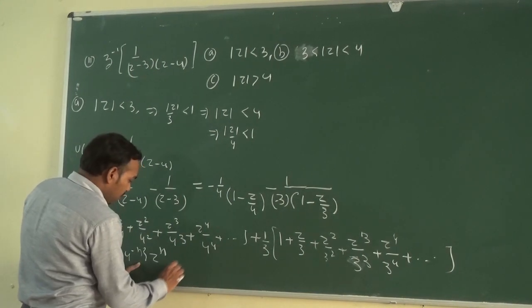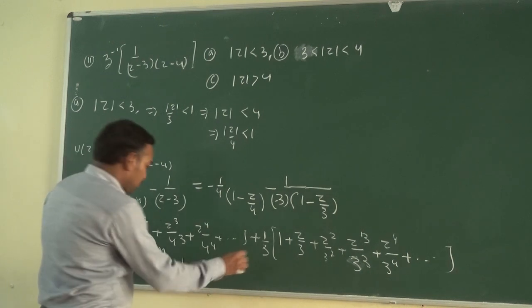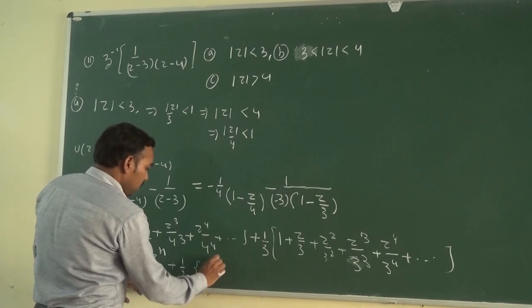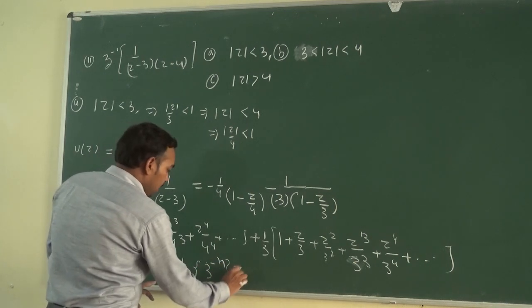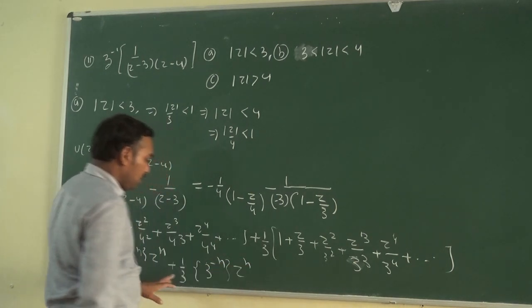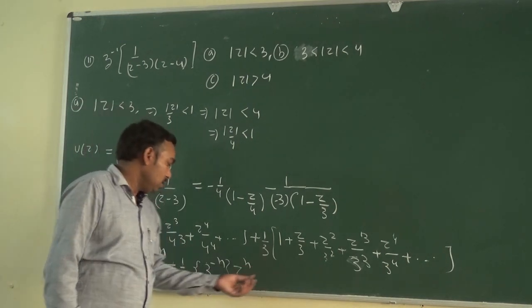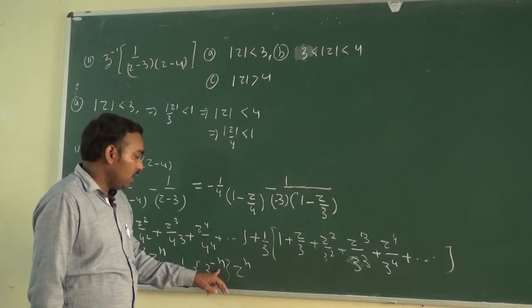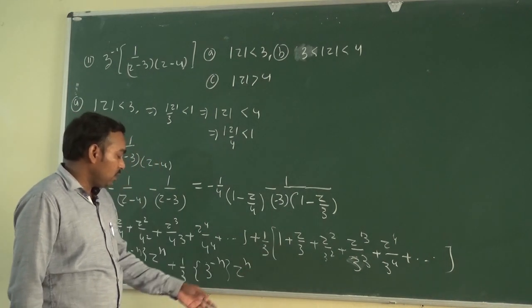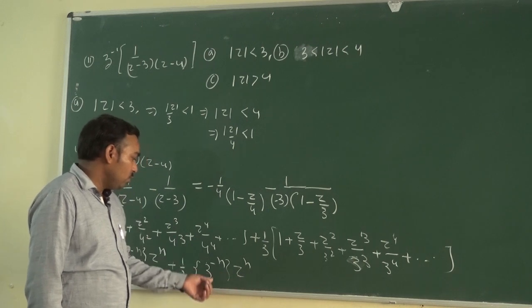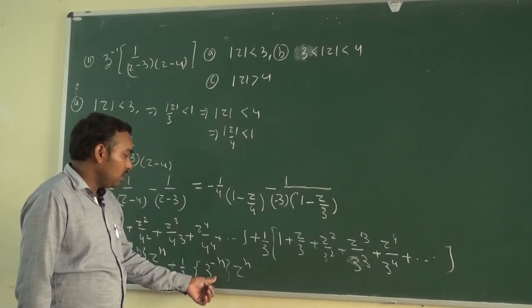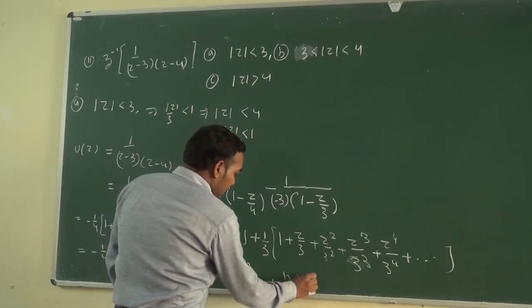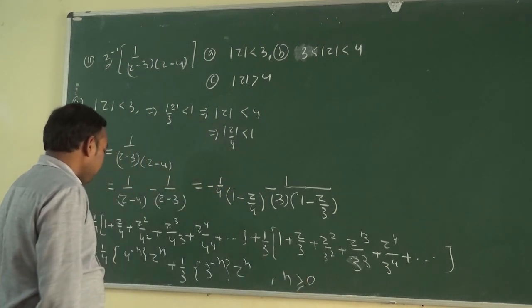And this can be written 1 upon 3, this means 3 to the power minus n, z to the power n. Similarly, if you expand this, n equal to 0, 1; n equal to 1, this term; n equal to 2, z square upon 3 square. Here simply write n greater than or equal to 0.